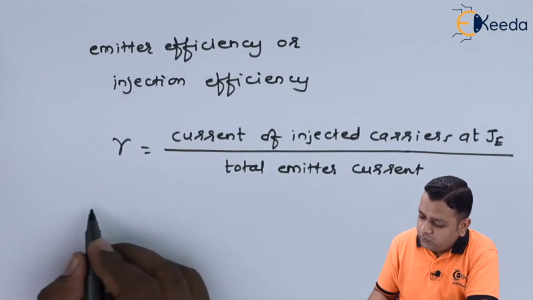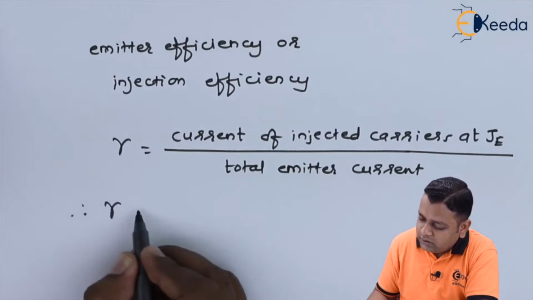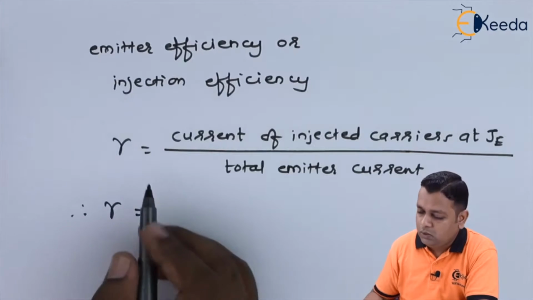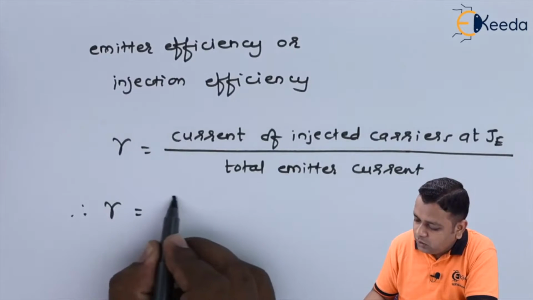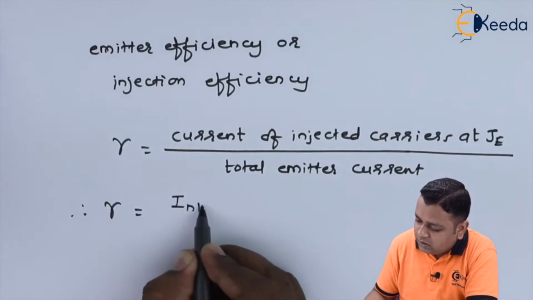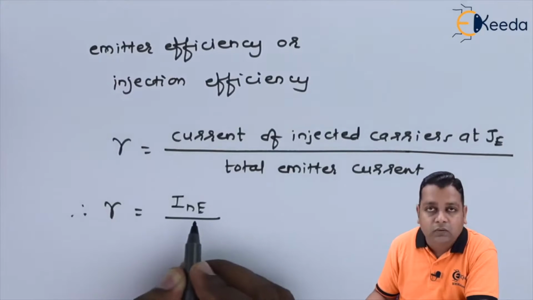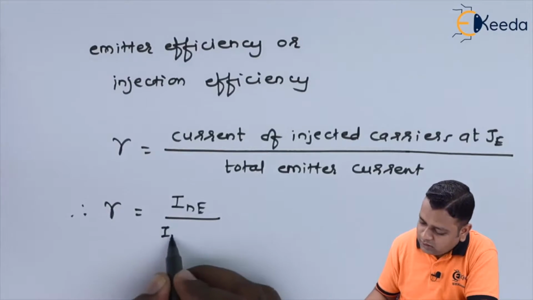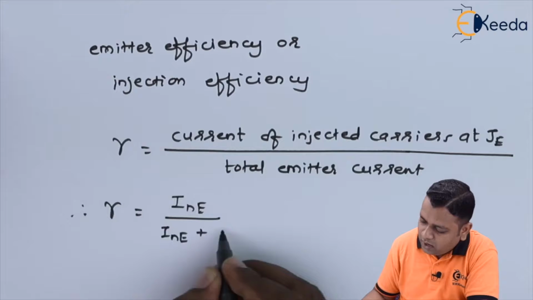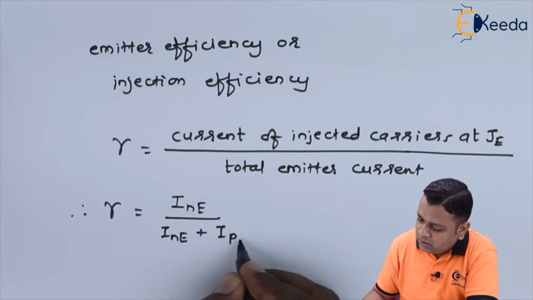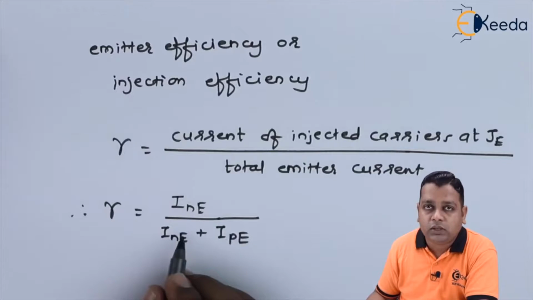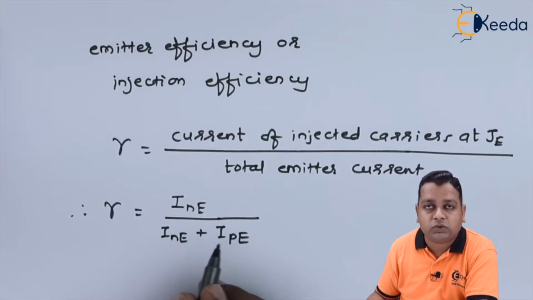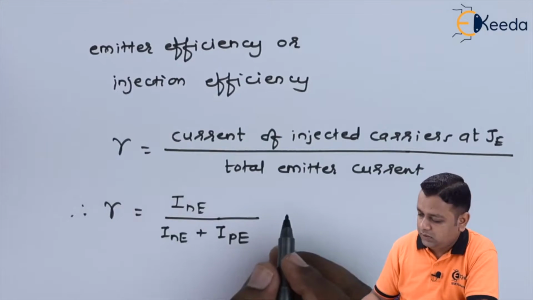So therefore, the efficiency for the emitter case, or the injection efficiency gamma, is given in terms of capital I suffix N capital E divided by capital I suffix N capital E added with capital I suffix P capital E. So these are the two terms giving us the total amount of current associated with the emitter region.